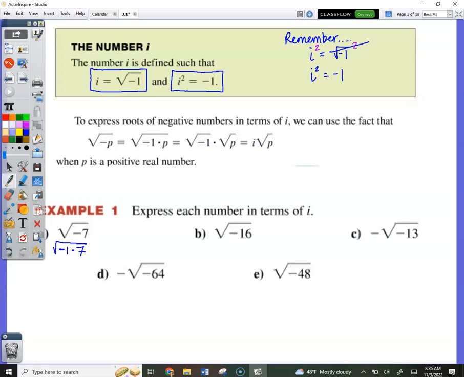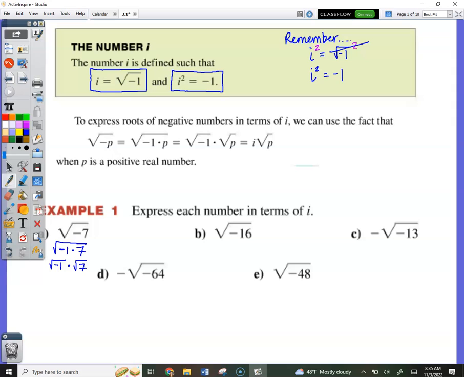If I do that, and then I create some new math and I'll call it i, then I can have the square root of -1 and the square root of 7. You don't have to write this. I'm just showing you where it came from.